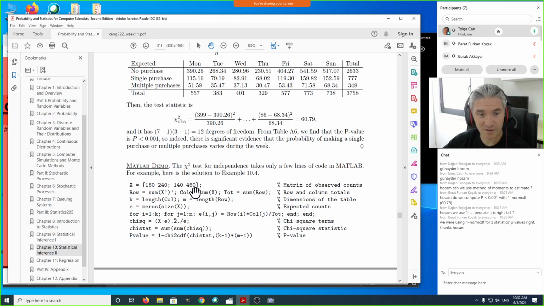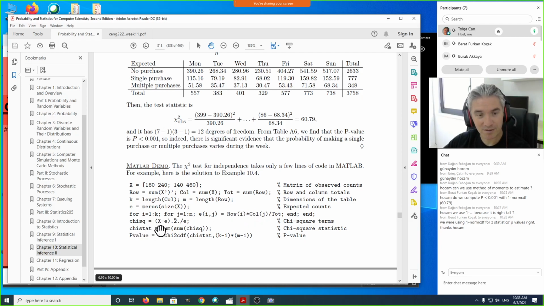If this is our table, with these row sums, column sums, and the total, this is how we can compute the probabilities of having an attachment or not, being spam or not. Then for all table values, we compute the expected values.